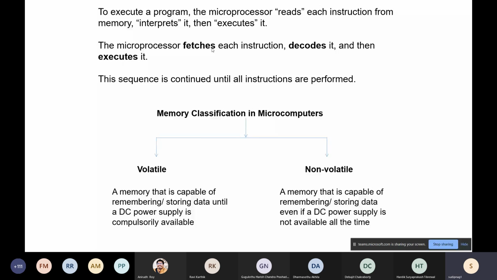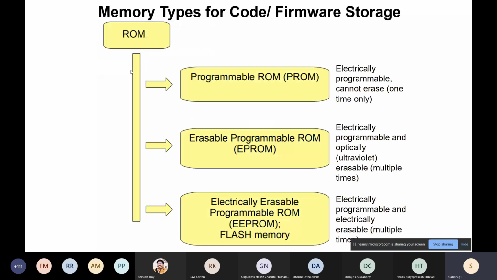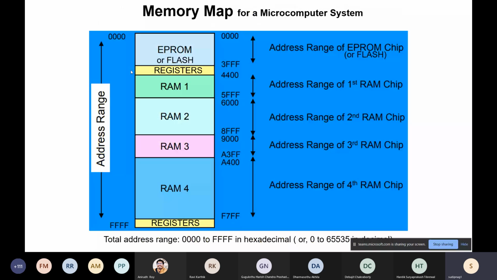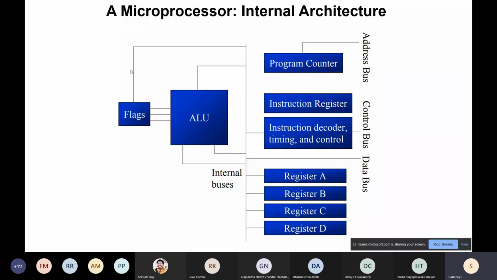So these three things, fetch, decode, execute, are always going to come in if you look at the details of any microprocessor. This concept came from the microprocessor, and that is explained, or rather stated, over here: how it performs fetch, decode, execute.